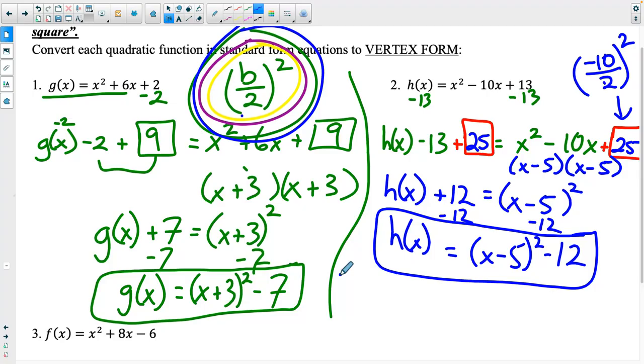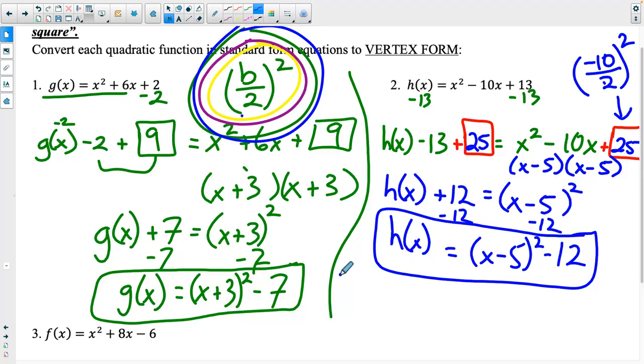Any other questions? Should you do your 25 over the x minus 5 squared itself? So then it would be 13. Are you talking right here? A plus 25, should there be?